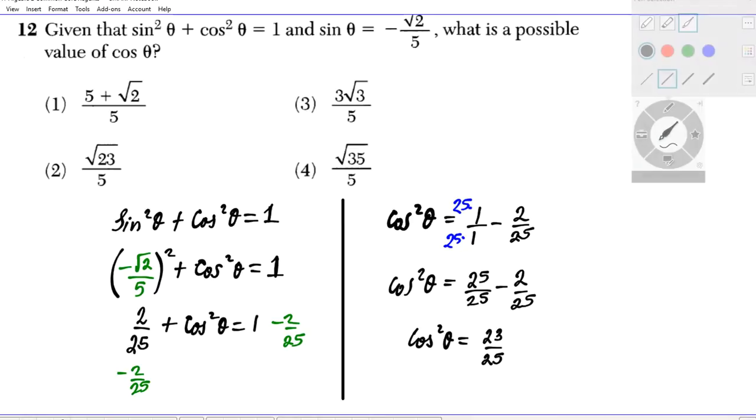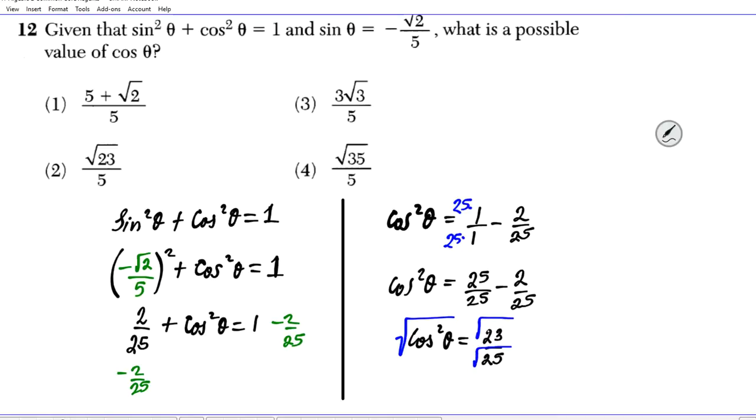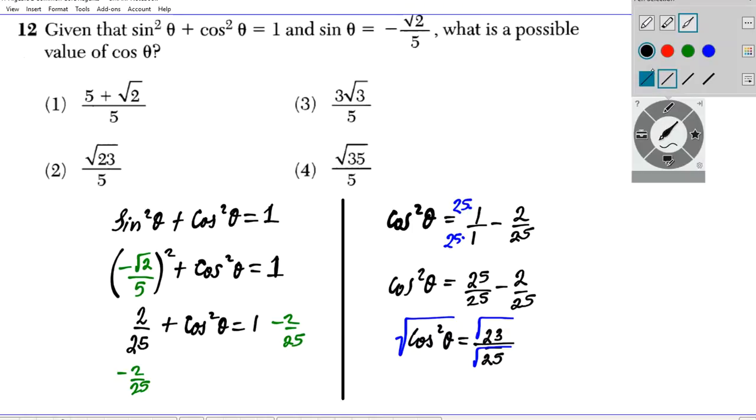To get cosine theta isolated, take the square root of the left and the right. On the right side, we have a fraction, so we root the numerator and the denominator independently. Alright, so what does that give us? We have cosine theta.